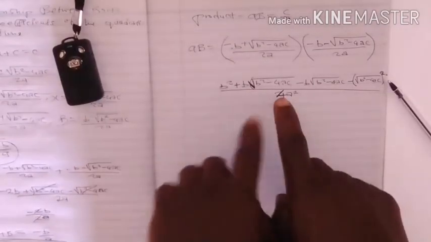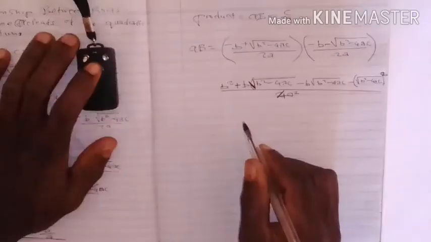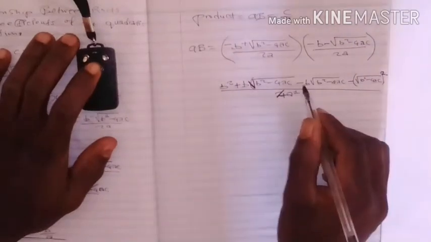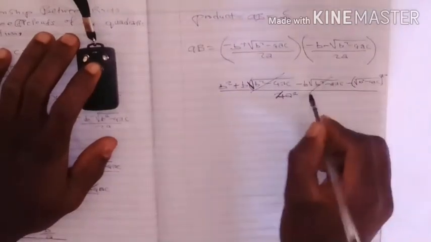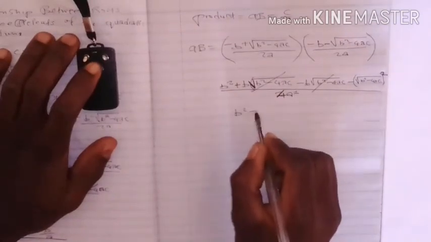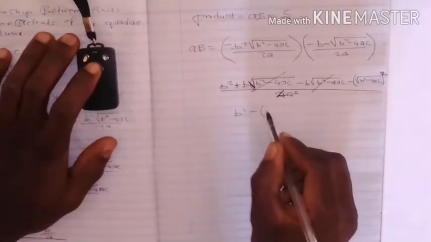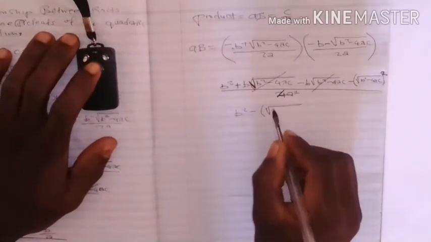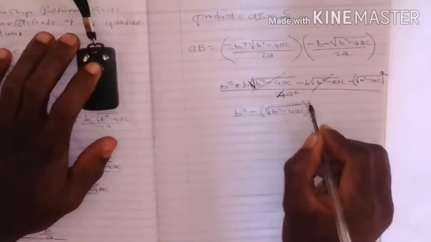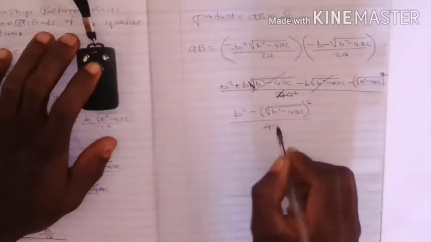So from here, we are going to see that this is positive, this is negative, so we are going to cancel this. We are going to remain with b squared minus, open bracket, root of b squared minus 4ac, close bracket, squared over 4a squared.